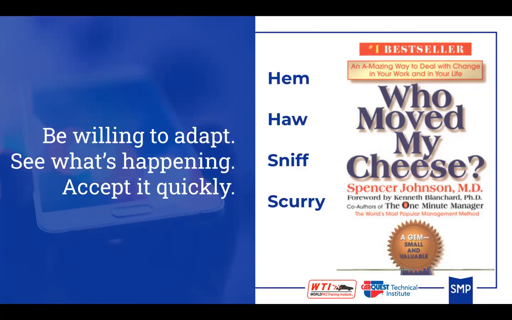While this coronavirus came upon us very quickly, the ones who are going to come out stronger on the other end are those who quickly notice what's happening, quickly adapt, and quickly make changes to move forward. So this is a good book to read, whether you read it in this season or after this passes.